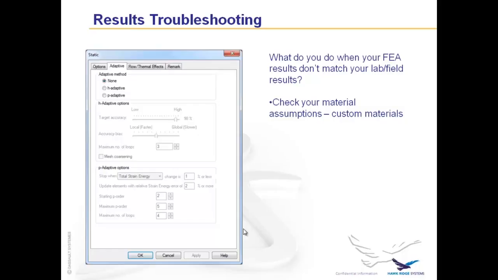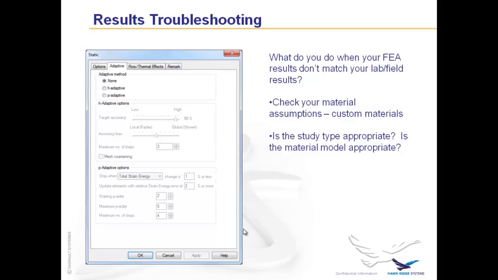It'll pre-populate with all of the different numbers, and you can save yourself some typing. But even if you don't use their membership service, you can browse and look at the material numbers and type them in yourself. What's often nice is that for certain materials, they'll give a range on the low side and on the high side, so you can do a best and worst case scenario for your material properties.